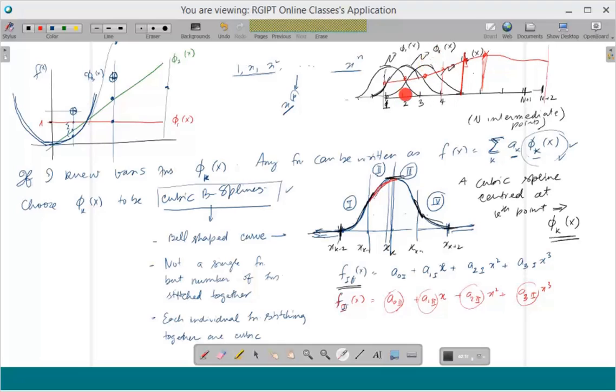So whatever weight I give to this phi 3, phi 4, that is not going to matter at all to the value at this second point. So at any point, essentially three basis functions, phi k minus 1, phi k, and phi k plus 1, the relative weights will decide the value at any point k. Is that all right?